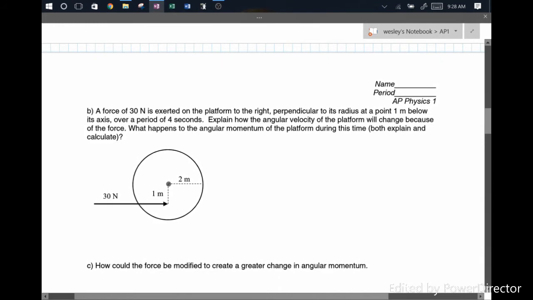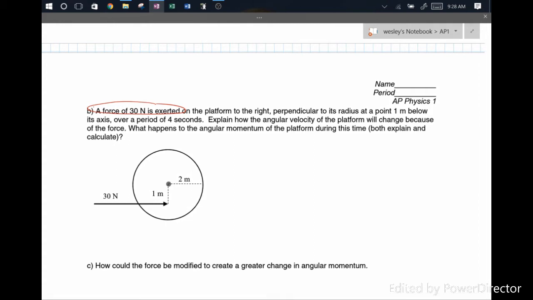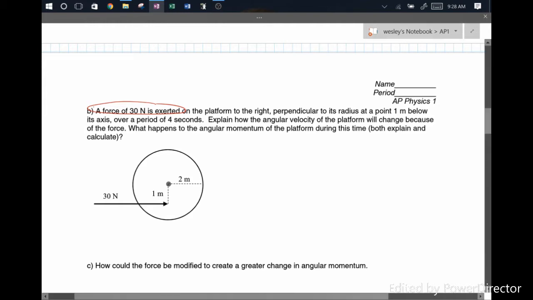So now we have this platform moving, and we're going to exert a force of 30 newtons to the right, perpendicular at a point 1 meter below what's going on. What happens to the angular momentum? So we're going to explain it and we're going to calculate it. So let's calculate it first. Torque is equal to the change in angular momentum over the change in time.